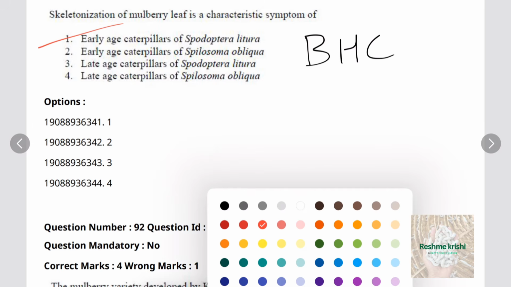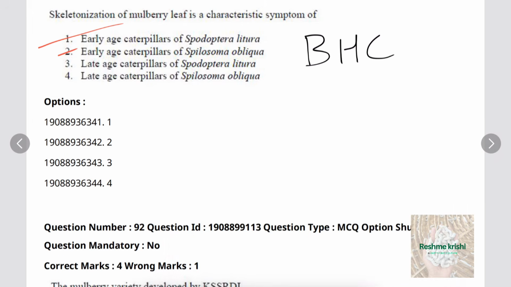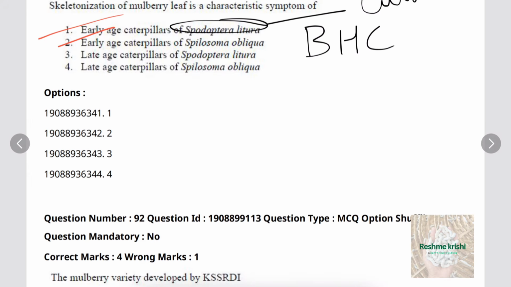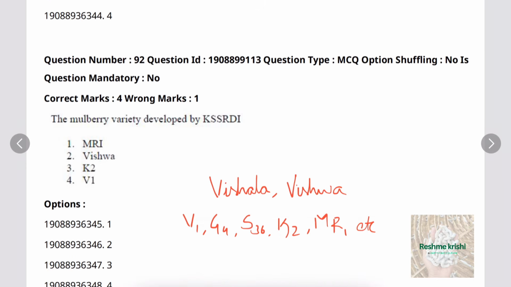You can see, it's the early age of Spilosoma obliqua. There was a mistake while explaining. Spodoptera litura is the cutworm. Okay, early age of Spilosoma obliqua. Sorry for the inconvenience caused by my minor forgetting of the scientific name.